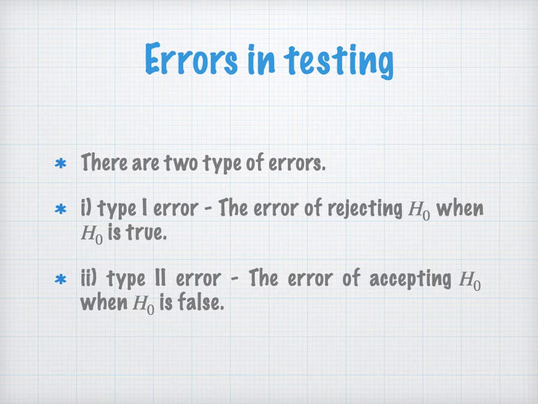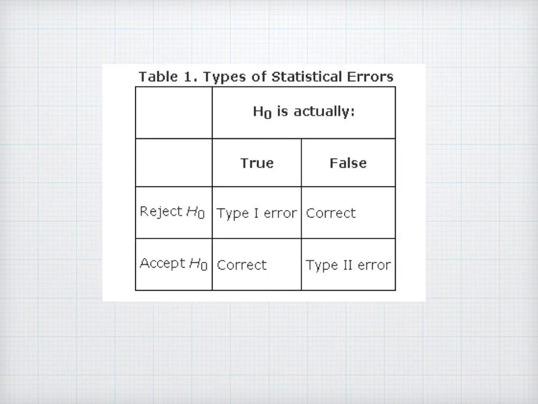error. These types of statistical errors are given in a cross table. If H naught is actually true and we reject H naught, it is type 1 error.